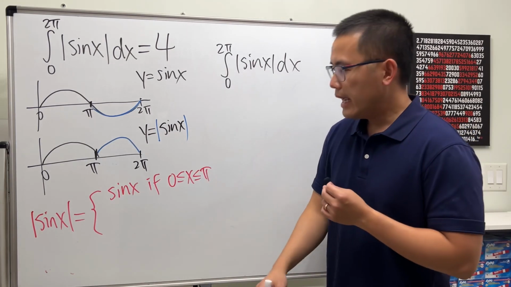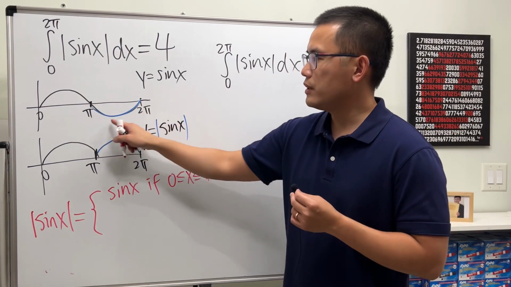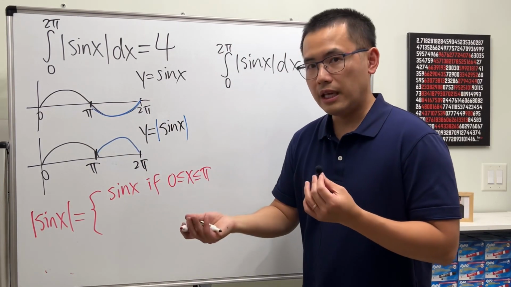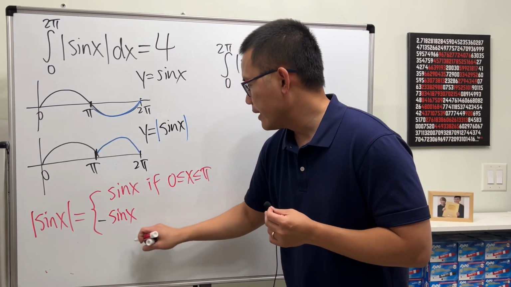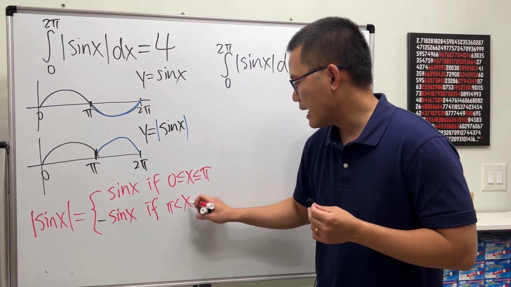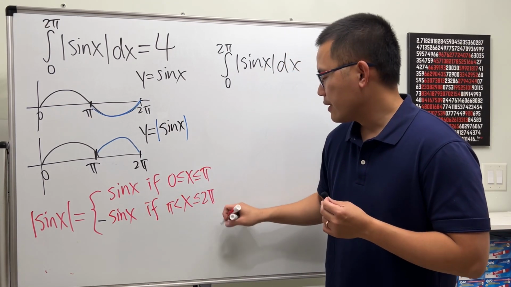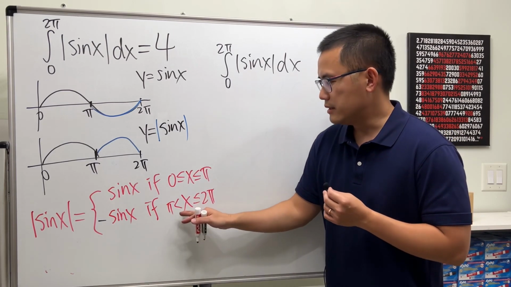Yeah? And then, if you take out the absolute value, when the bottom was negative here, we will have to negate the result. We will end up with negative sine x. And that's when we are talking about x is between pi and 2 pi. And because I put down the equal sign here already, I'm not going to put down the equal sign, but it's still continuous, it's okay.